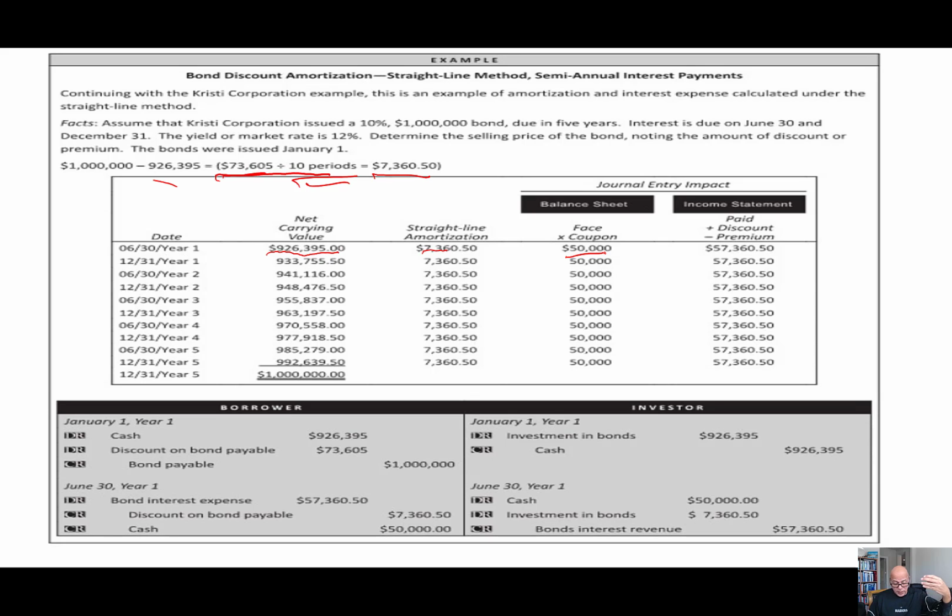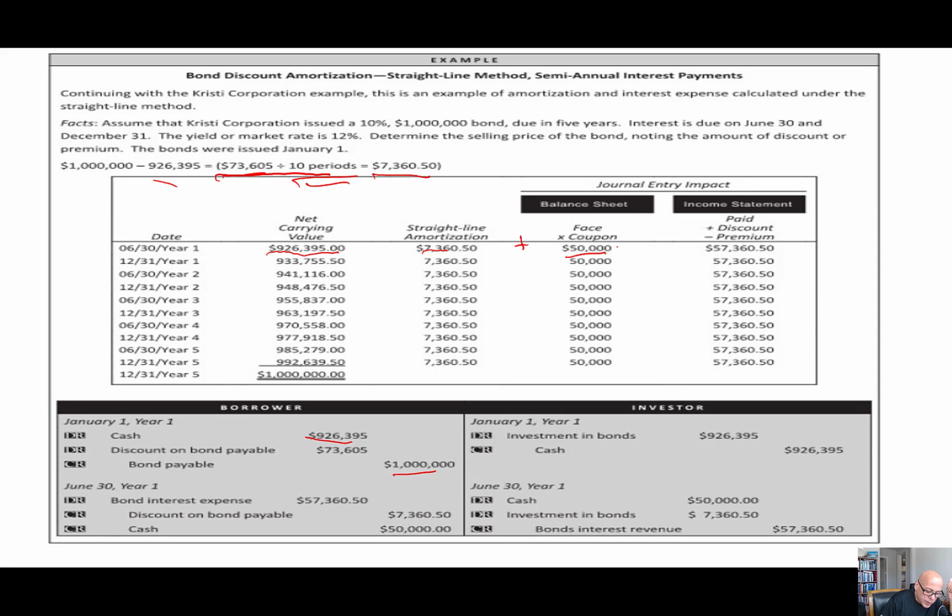Remember, we only got $926,395 cash on this, right? When we issued the bond, that's the amount of cash we got. So we're really paying more than just $50,000 of interest, because we have to cough up $73,605 more at the end, because we have to pay back the face of $1 million.